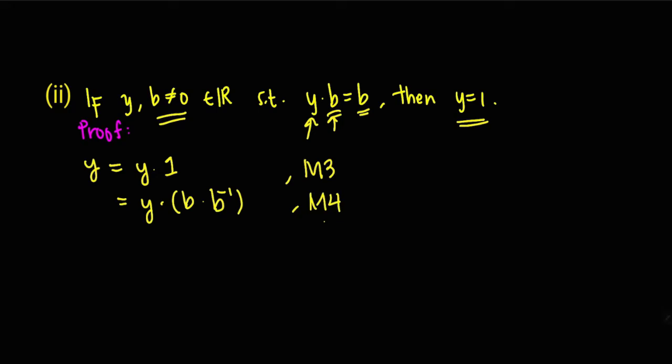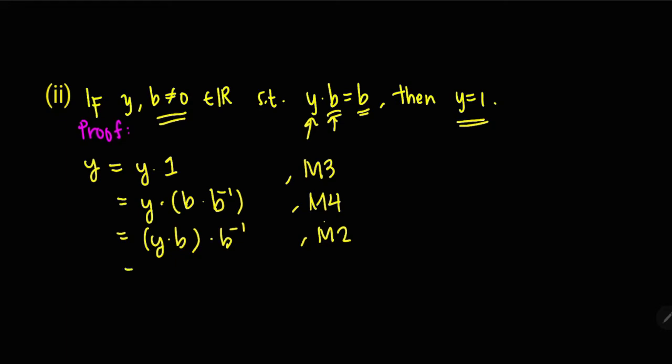Now, we have three real numbers, y, b, and b inverse being multiplied together. So, we can regroup, or we can group together instead of b and b inverse, we can group y and b. So, this is the same as y times b, grouped together, times b inverse. Again, that's the associative property of multiplication, or that's what we call M2.